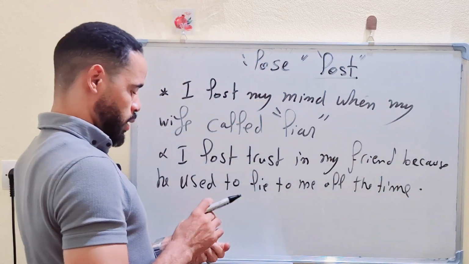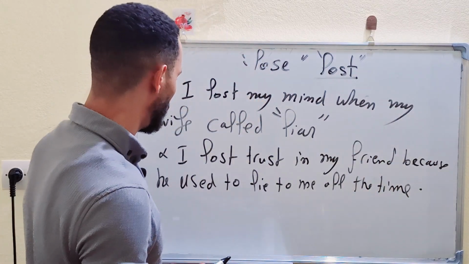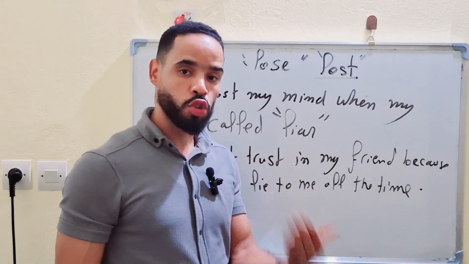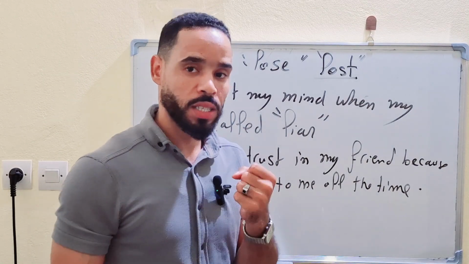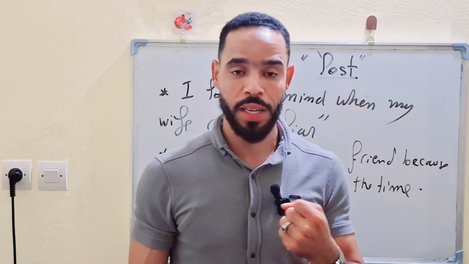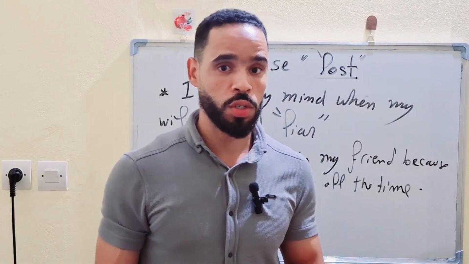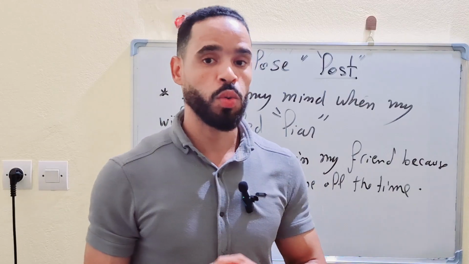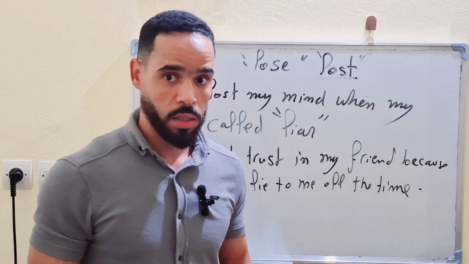This is another situation where we can use the verb lose. I lost trust in my friend, which means I didn't trust him anymore, or her anymore, because he is always, or she is always lying to me. He is always feeding me lies.